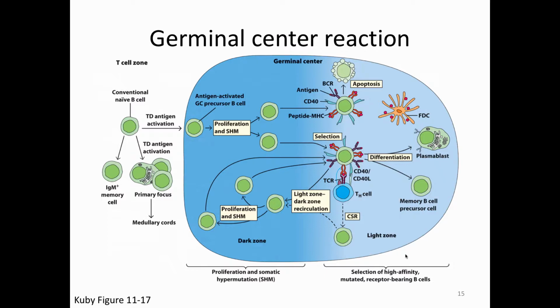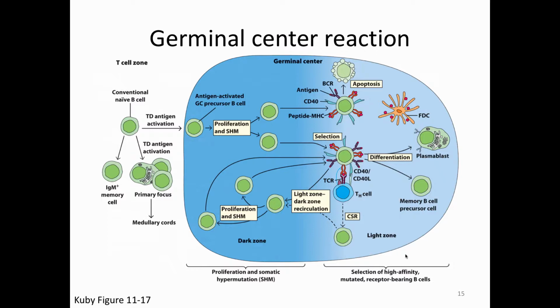You might realize that this probably is the dark zone, where this first proliferation burst is happening, because it's full of cells, and that's how it becomes dark. So our cell is going to go into this and start proliferating. But our cell is also going to do one additional thing in this part of the dark zone.